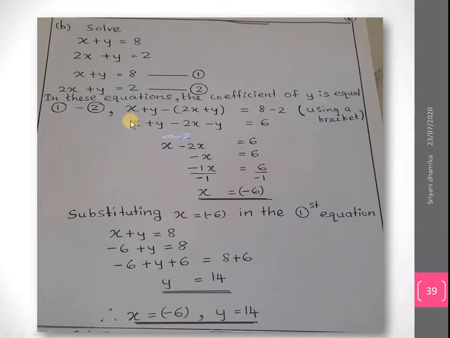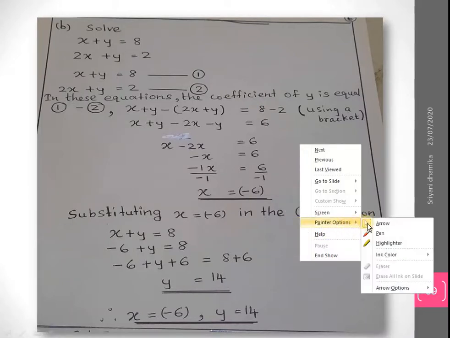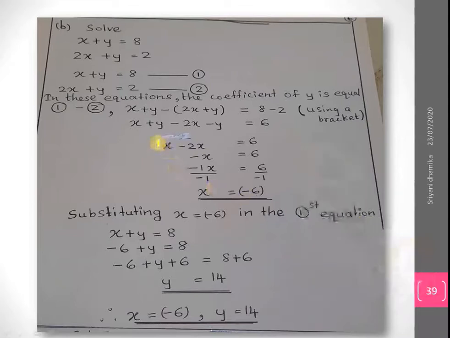Here positive x and negative 2x. Positive x and negative 2x, the answer is negative x. The sign is negative, equals 6.